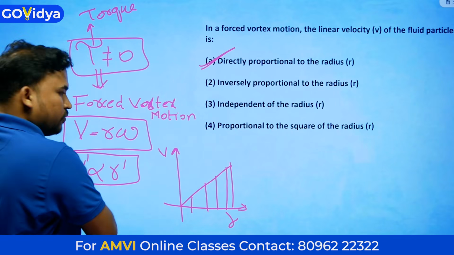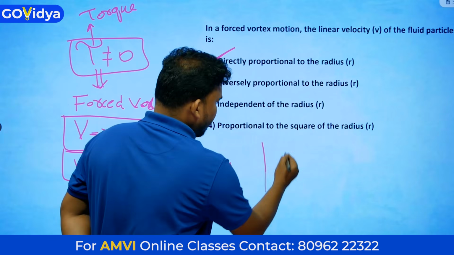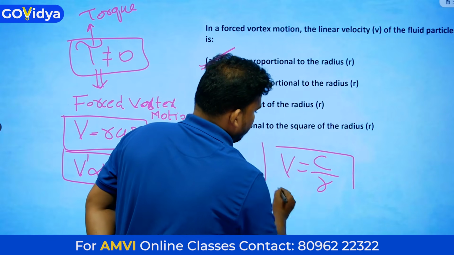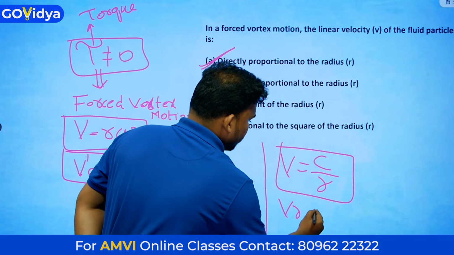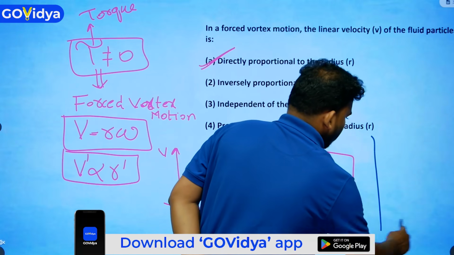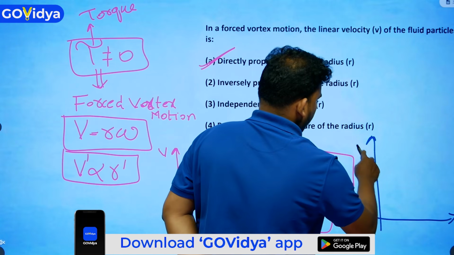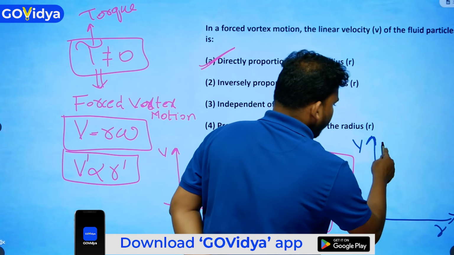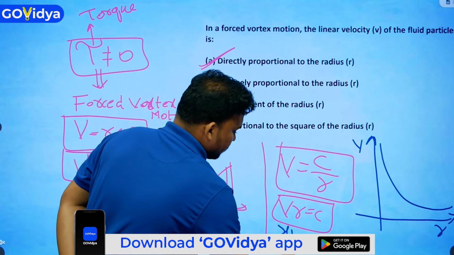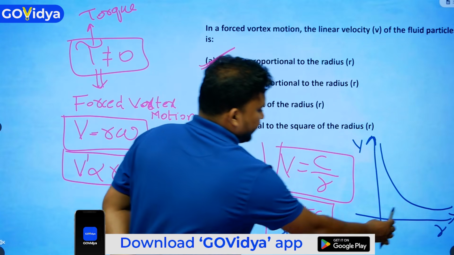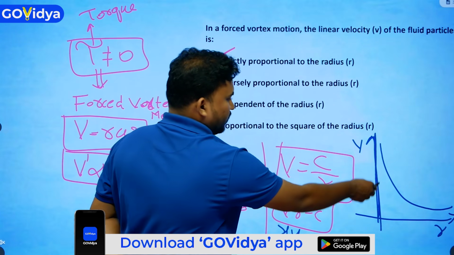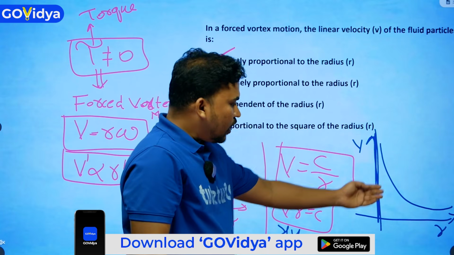If it is free vortex motion, my velocity will be inversely proportional to R, right? So velocity times R is constant. If I draw the velocity versus radius graph, I will get a rectangular hyperbola, right? Like this, because this is xy equal to constant type, right? At the center, if I come closer, there is a mathematical discontinuity, right? So we should not operate at the center.